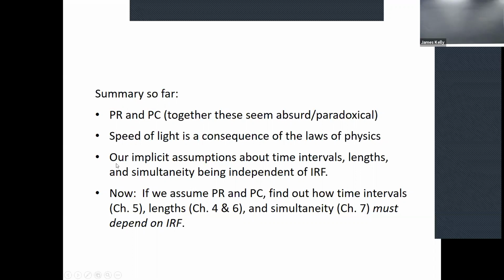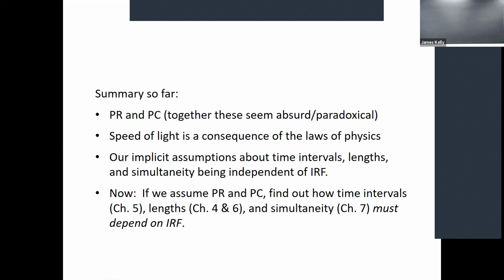So in the last chapter, we talked about the implicit assumptions that time intervals, lengths, and simultaneity are independent of the inertial reference frame, and that leading to that fallacious proof that the speed of light can't be constant for all observers.